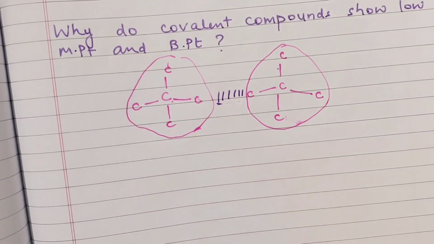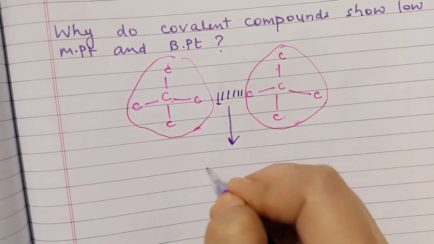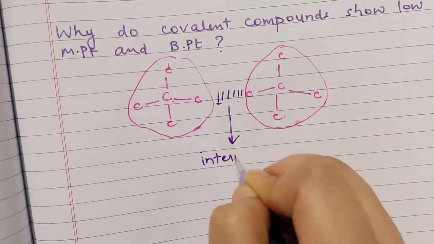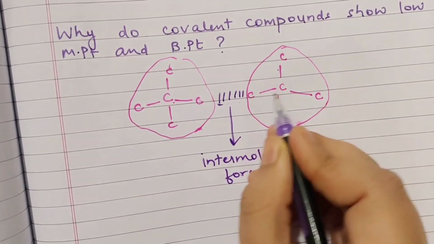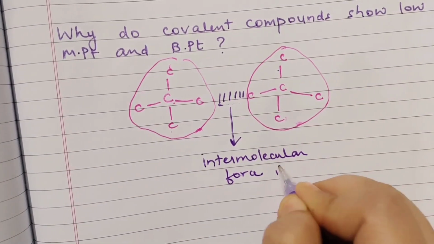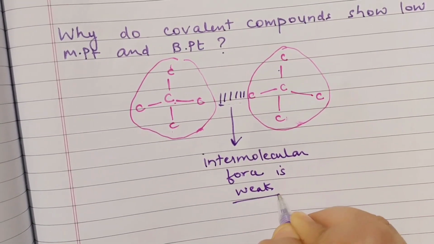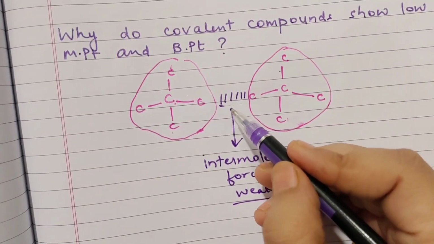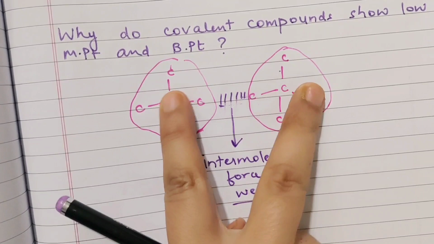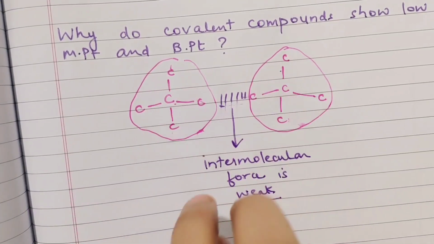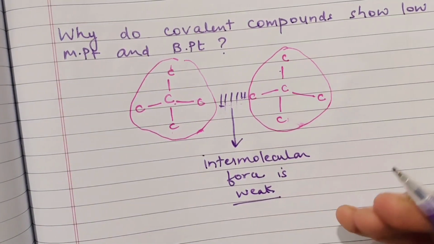And this intermolecular force between covalent molecules is very weak. That is why a little bit of energy is enough to break this interaction and pull the two molecules apart so that they resemble the arrangement of a liquid.